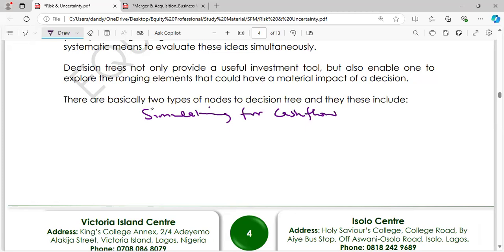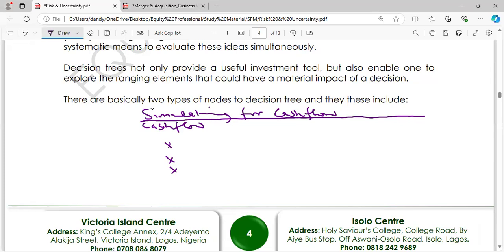This cash flow could be receipts or payments. It could be revenue, maintenance cost or variable cost. So the first item will be the cash flow, either receipt or payments. Whatever it is, it will be given.